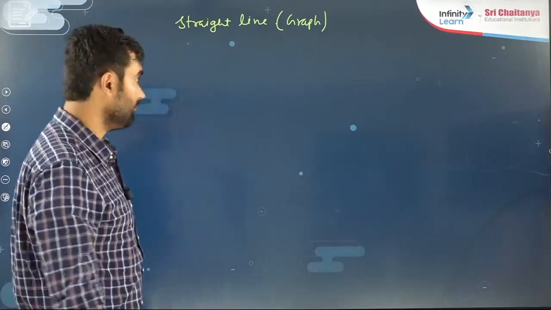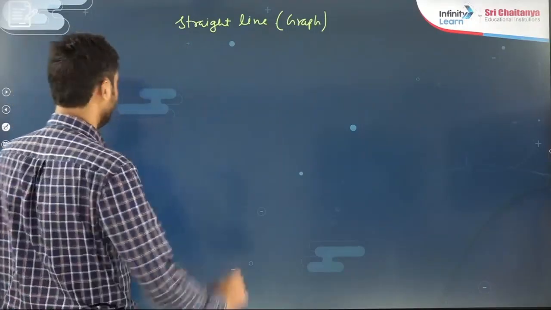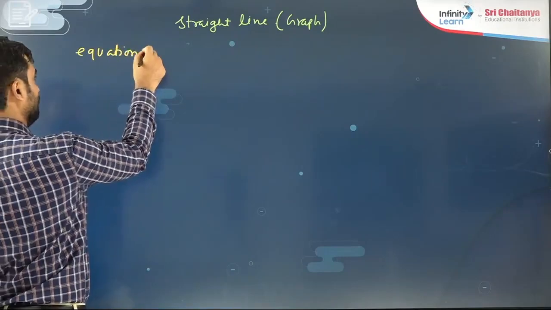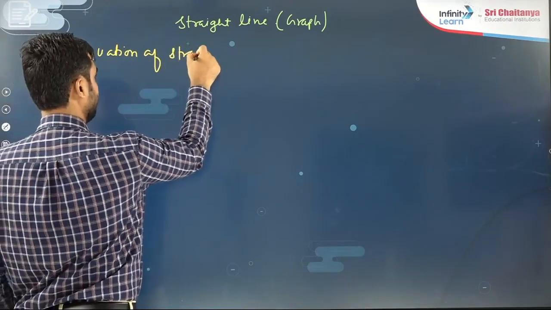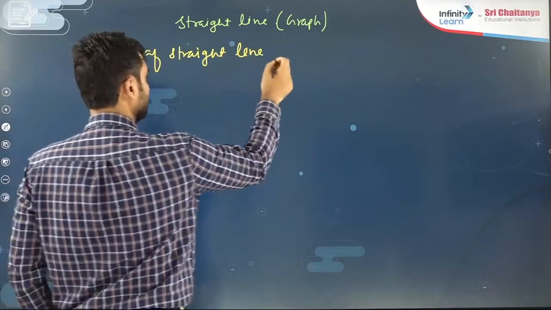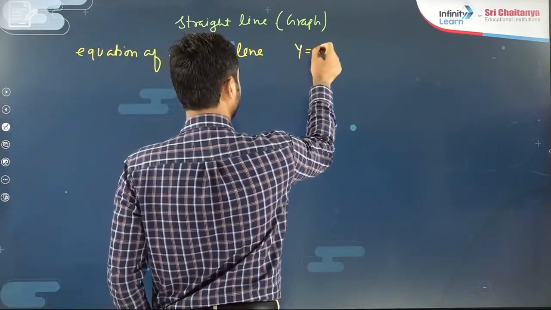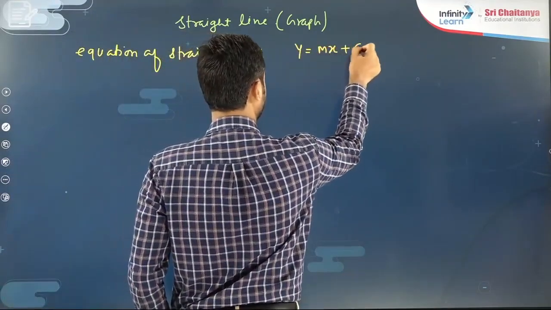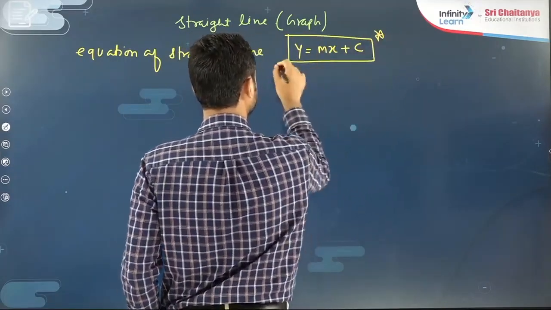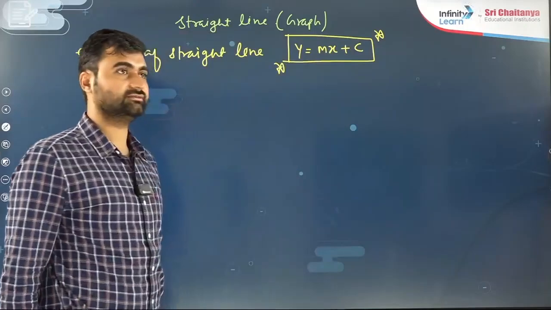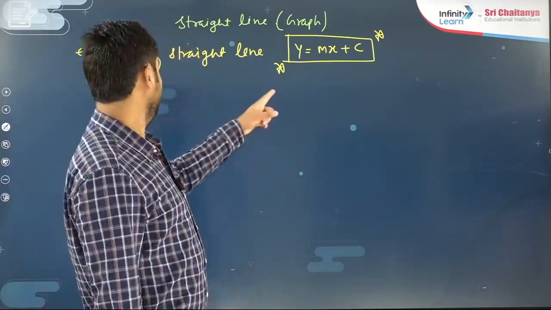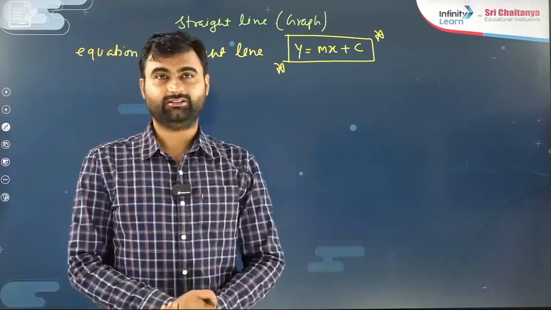Okay. So what is the equation of a straight line? This equation you have to remember: y equal to mx plus c. Is it clear? Y equal to mx plus c. This is the equation of a straight line.